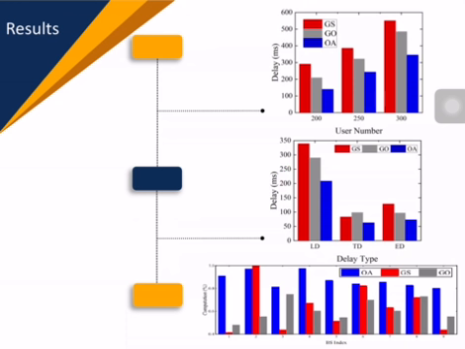Next, we take a closer look at the different types of delays. Unlike the total delay, different types of delays are a key metric to evaluate the performance of the entire system. In this test, we evaluate 3 different types of delays by setting the number of users to 300.